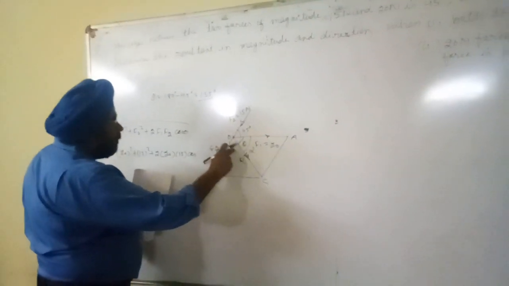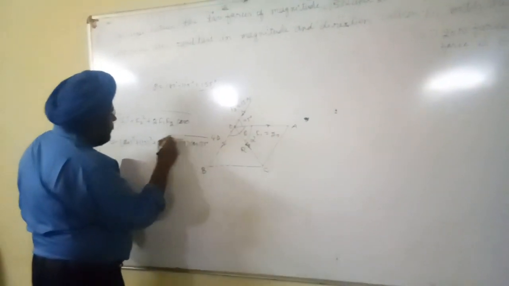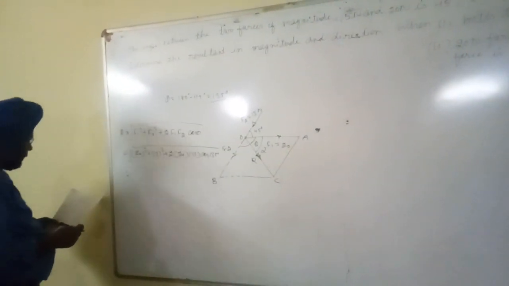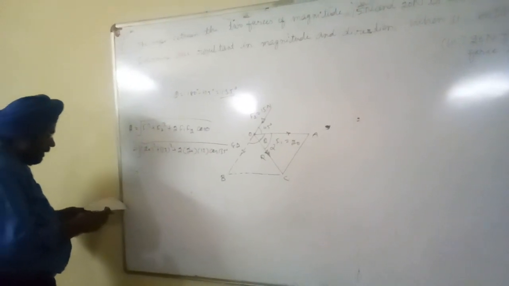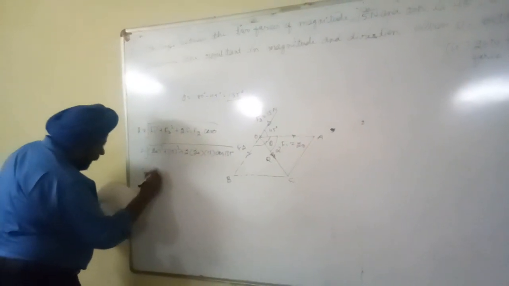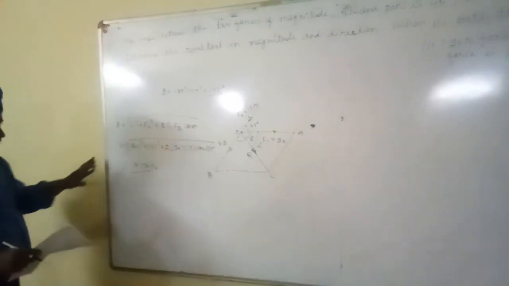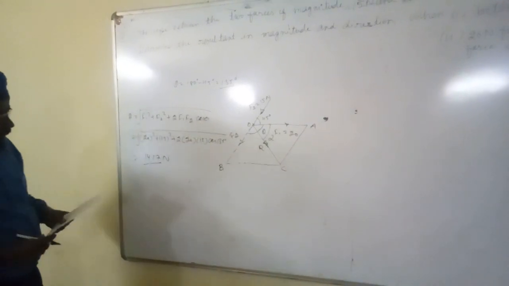Now the theta angle is 135 degree, so cos 135 degree under root. So the resultant force is 14.17 Newton.